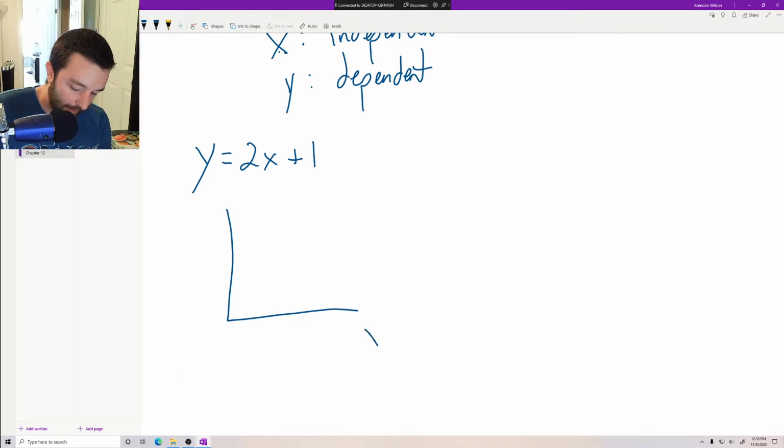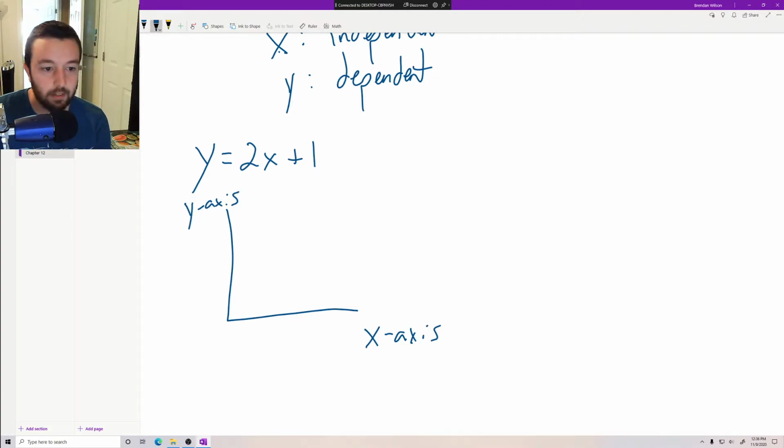So like I said, the x-axis is typically the horizontal axis and the y-axis is the vertical one. Okay. And it's really no different than the way we make graphs based on our data. We look at the x points and the corresponding y points, and we make a dot where they meet. Okay. The only difference here is that we don't really have any data, so we just pick the x's.